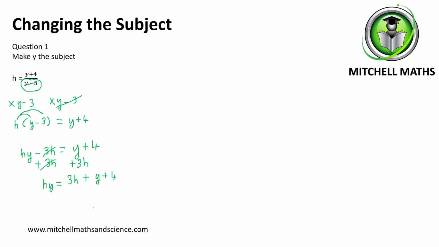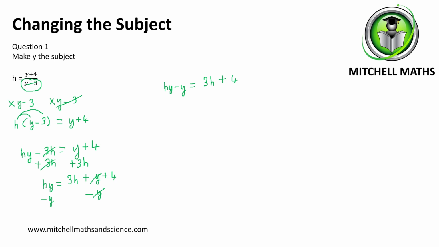Now I need to move the y to the left hand side of the equation, so I'm going to subtract the y because that's the opposite of add, so that'll cancel this out. On the left hand side I'll have hy minus y, and that's going to be equal to 3h add 4.